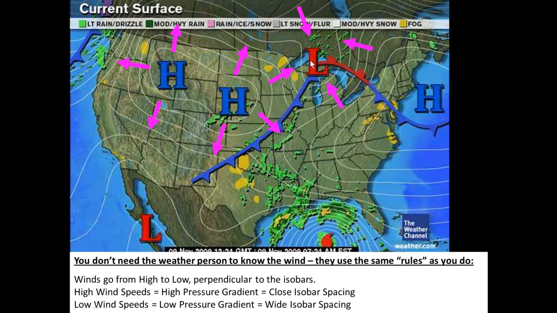Here's a low pressure hole, if you will, so the wind blows into this hole, crossing the isobars at a 90-degree angle. Highest wind speeds will be down here in the Gulf of Mexico. Why is that? Because see how tightly these isobars are spaced? That means you have the steepest pressure gradient and you have the fastest wind speeds.